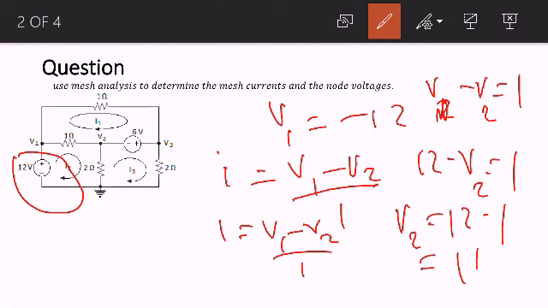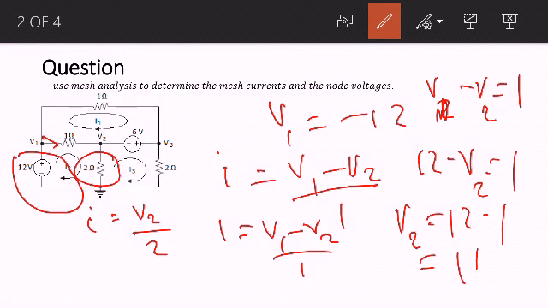We did that since I2 is greater than I1, so we assume that the current here is moving this way. Because I2 is greater than I1, that's why we have V1 minus V2 all over 2. Now V2 here, what of V2? Another way we can find V2 is the voltage across this 2 ohm resistor, because that's the only resistor in that arm. You can say that the current through the 2 ohm resistor is equal to V2 all over the resistor itself, 2.